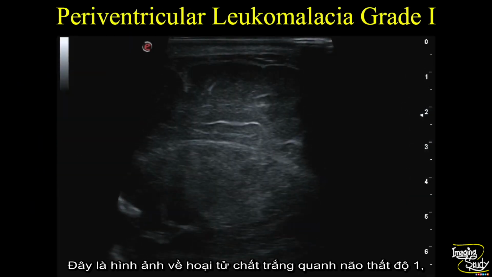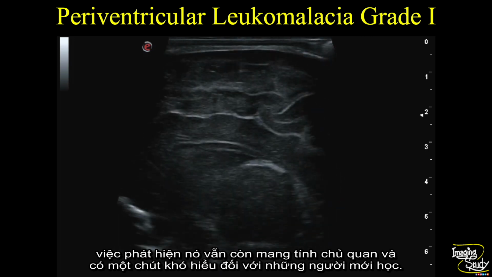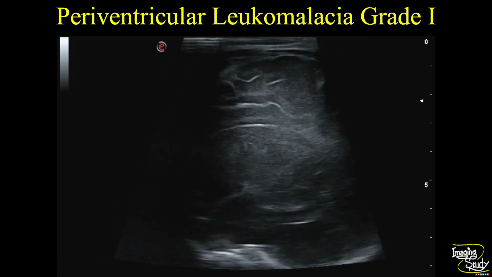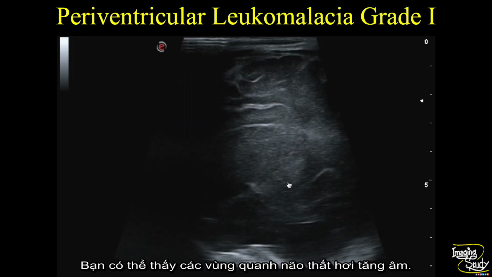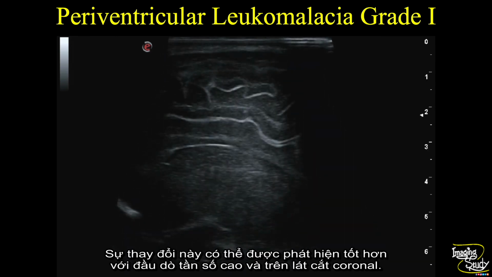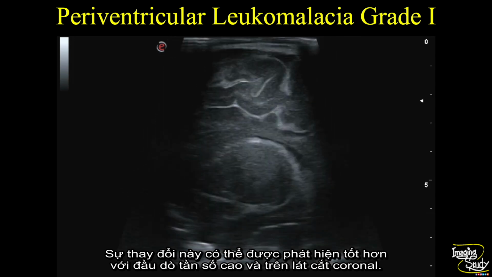Here is the picture of a grade 1 periventricular leukomalacia, which is quite subjective and a little bit confusing for beginners. You see, the periventricular regions show slightly increased echogenicity. This increased periventricular echogenicity may be well understandable with high frequency ultrasound and in coronal section.